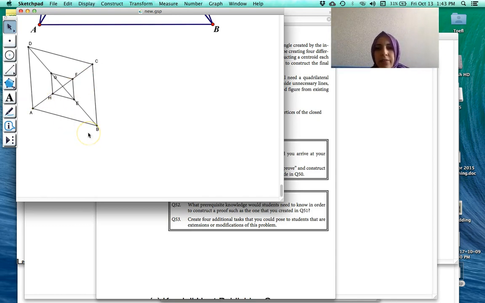If E, F, G, and H are the centroids of triangles ABC, BCD, CDA, and DAB respectively, in that situation EFGH is a square because the angles GH, GFE, and F must be right angles. That's why it is a square.